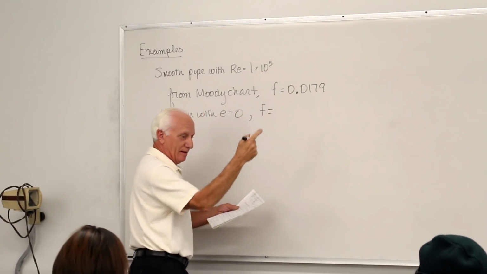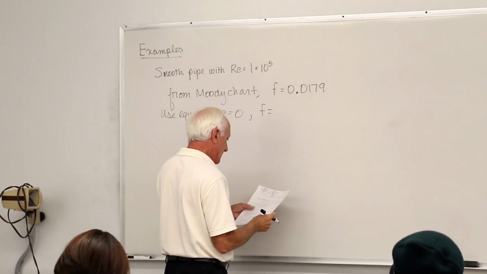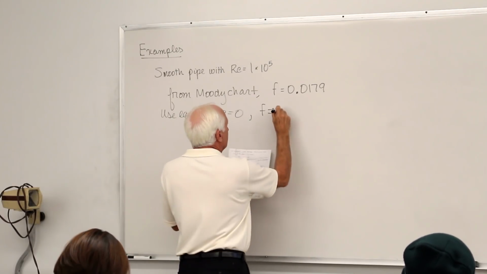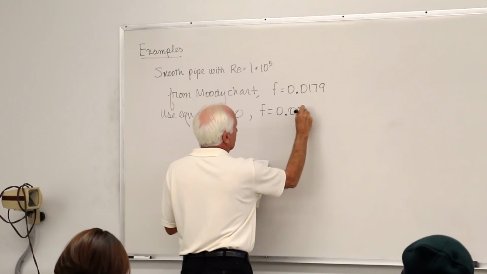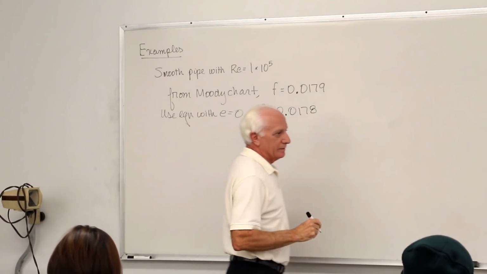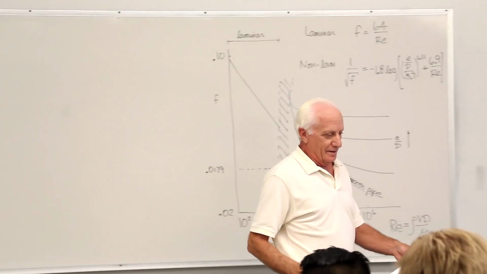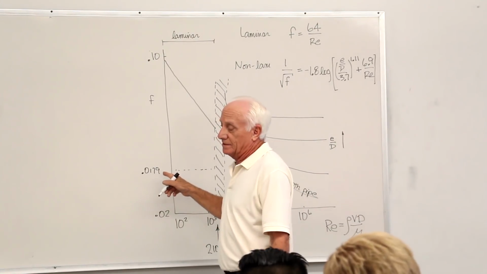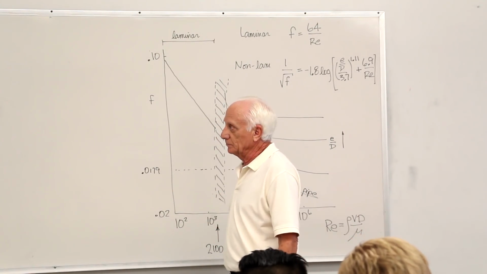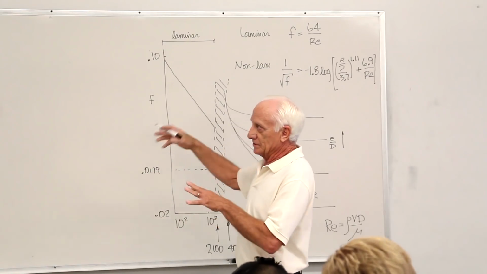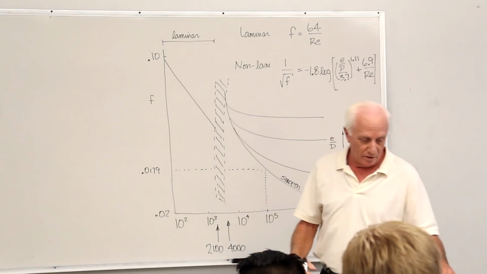You can back F out of that, and I end up with 0.0178. So it's in really good agreement with that. So the smooth pipe curve equation seems to fit the Moody chart very well.